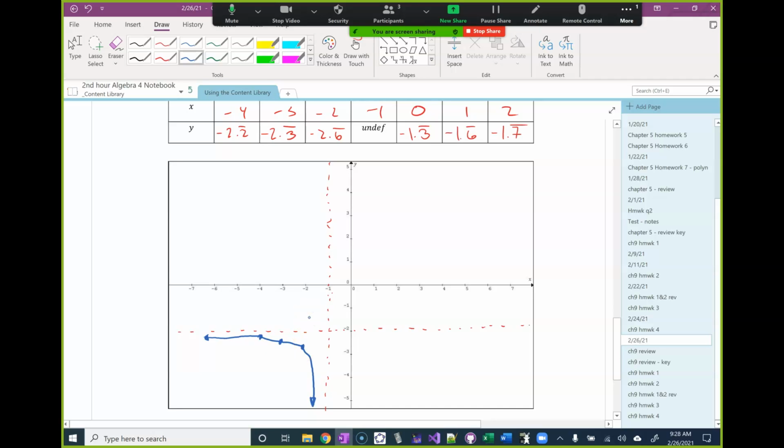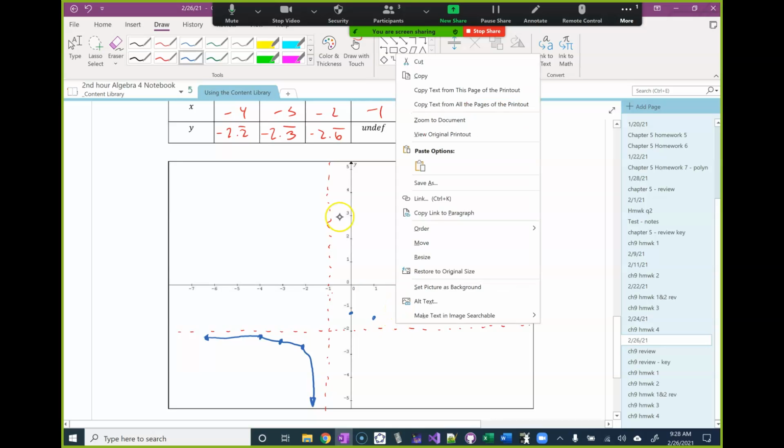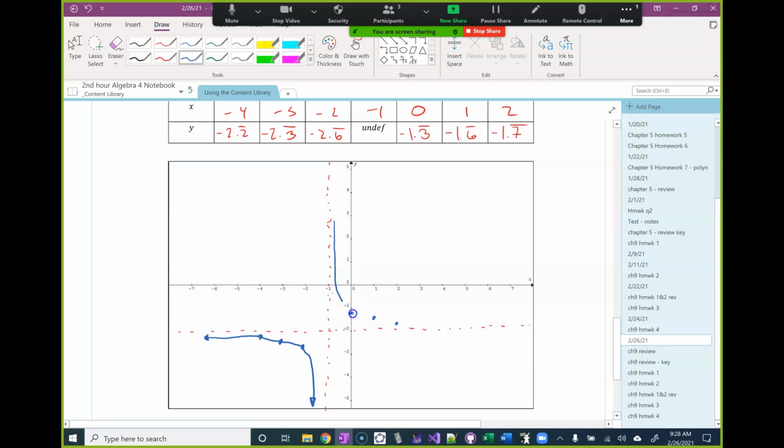These are kind of squished close together, so it's tough to get a great picture out of that, but that's not terrible what we just did there. So 0, -1.3, 1, -1.6, and 2, -1.7. And so we'll draw the graph again. And there's that piece.